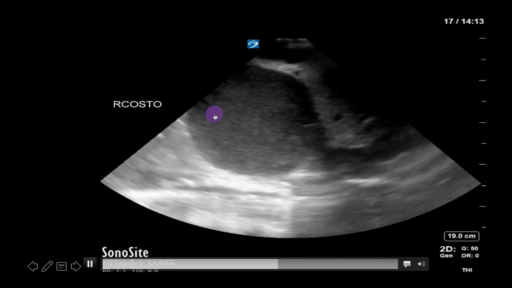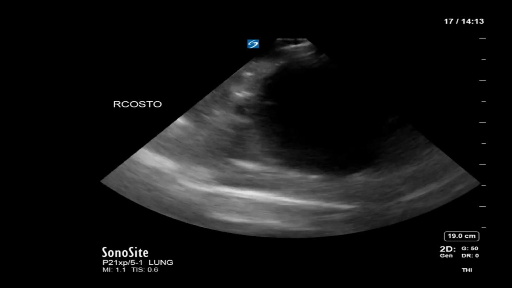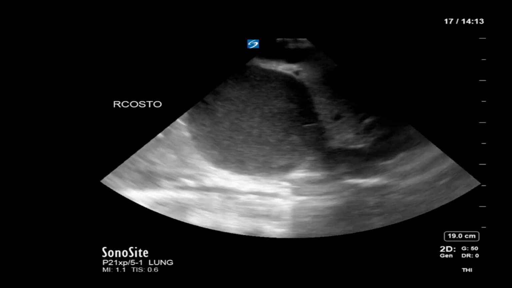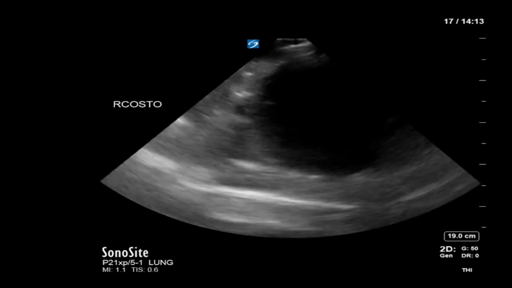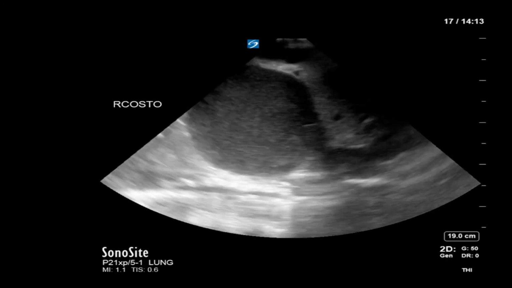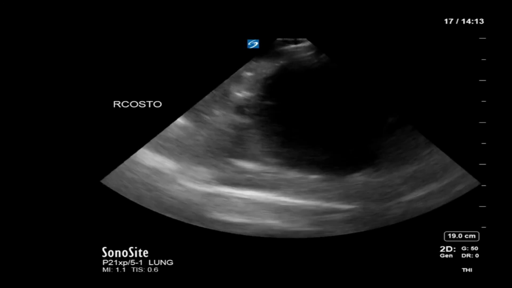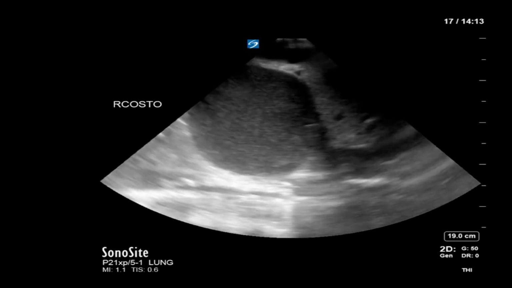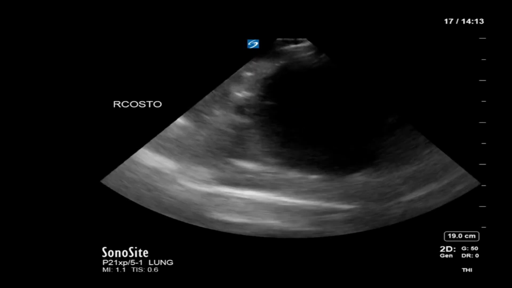Here's an example of a mildly hypoechoic and heterogeneous complex pleural effusion with the lung above it and the liver below it. Again, identifying all the local anatomy and the use of color Doppler to confirm the absence of blood flow in the collection can be useful to confirm it is a pleural effusion and not a consolidated lung or abdominal organ.